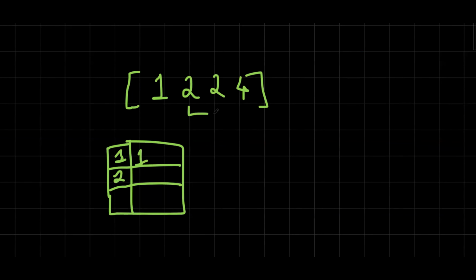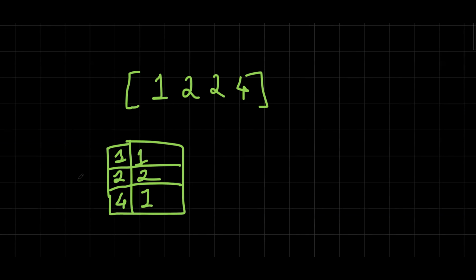And the frequency of 2 in this array is 2, so here we have to insert 2 as the value. Now the third element is 4, and the frequency of the element 4 in the given array is 1. So here we have to put 1. So now in this map, we have found the frequency of all the elements that are present in the given array.